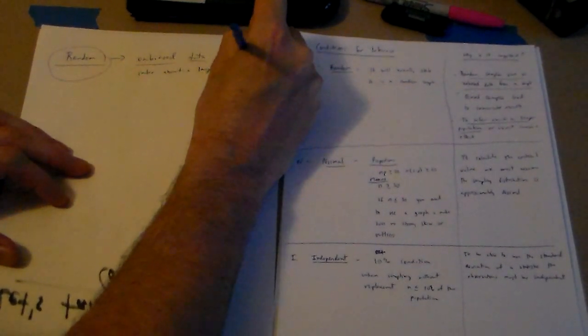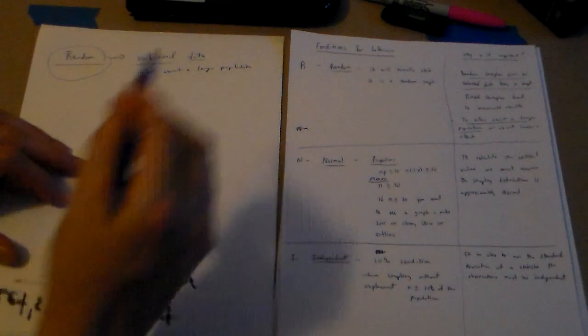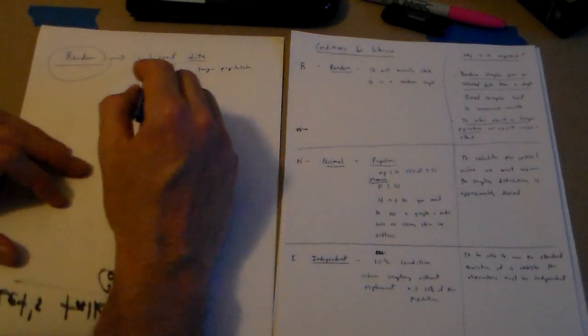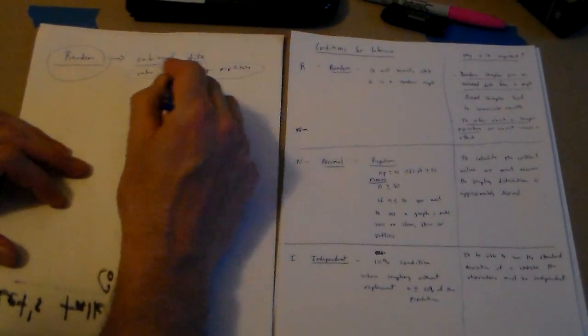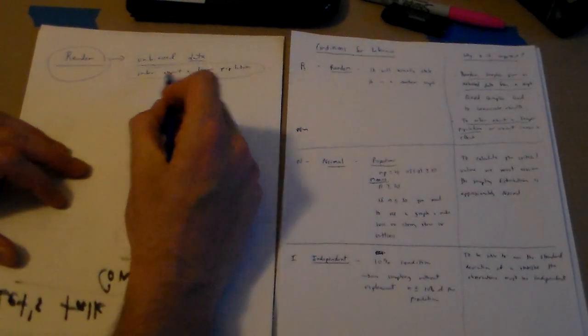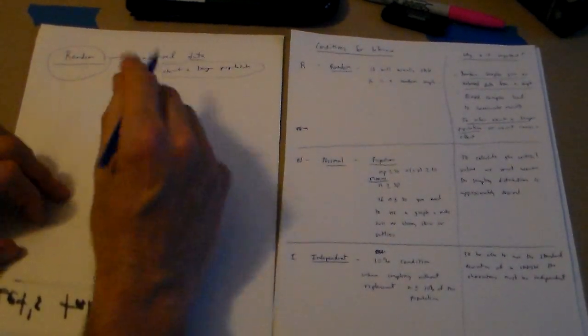Okay, so that's the reason we have the random condition. So we have unbiased data. Random samples will give us unbiased data about a sample. And so that we can take our results of this inference, results from the confidence interval, results from the significance test, and we can infer about a larger population. We can talk about our sample in terms of the population.